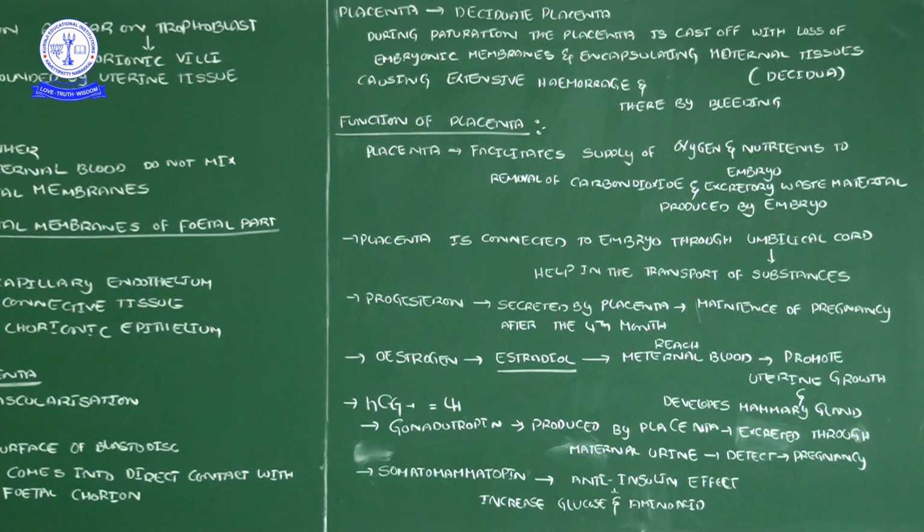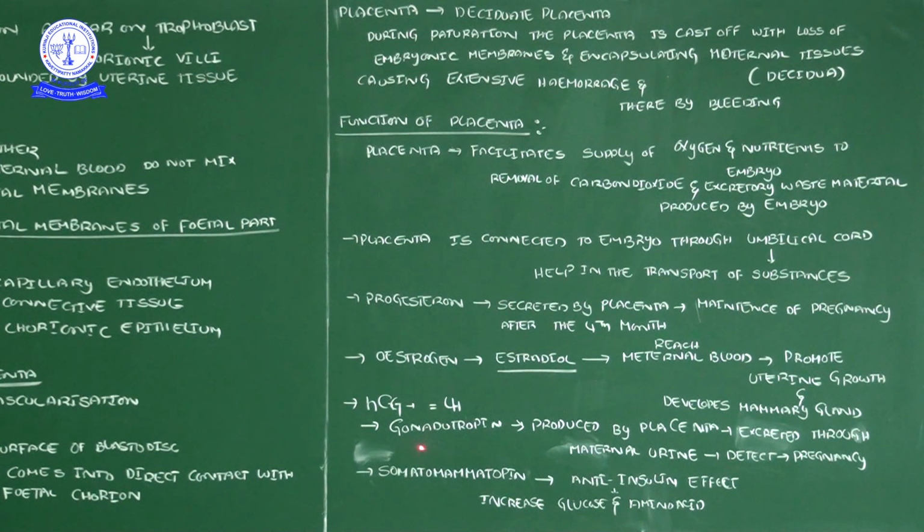This hormone is very important for the maintenance of the pregnancy. For example, if any female is suspecting pregnancy, for detection and confirmation of the pregnancy, this human chorionic gonadotropic hormone is useful.